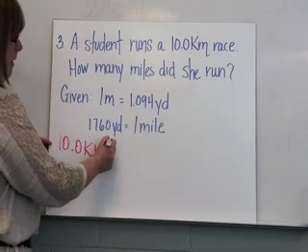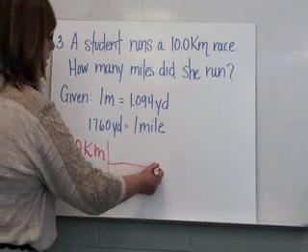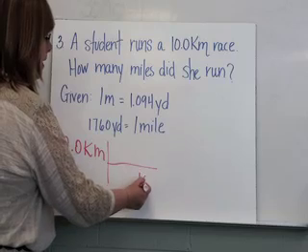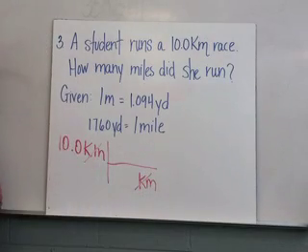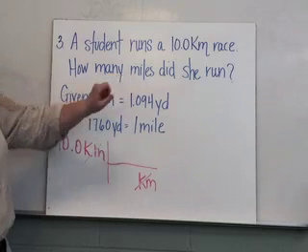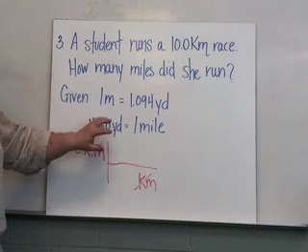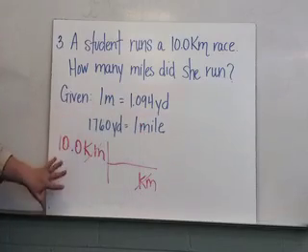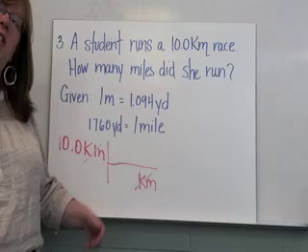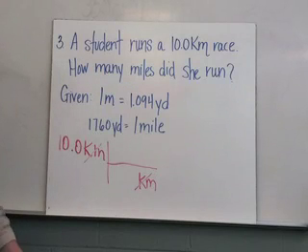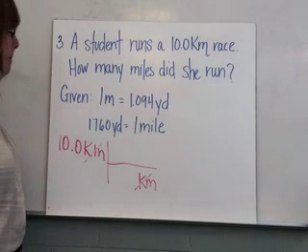And we're going to write up our equivalence box here, and we know that kilometers needs to go down here, so it will cancel. We want to end up with miles, but we don't have any equivalence between kilometers and miles. That information just wasn't provided. We're going to have to go through more than one step.